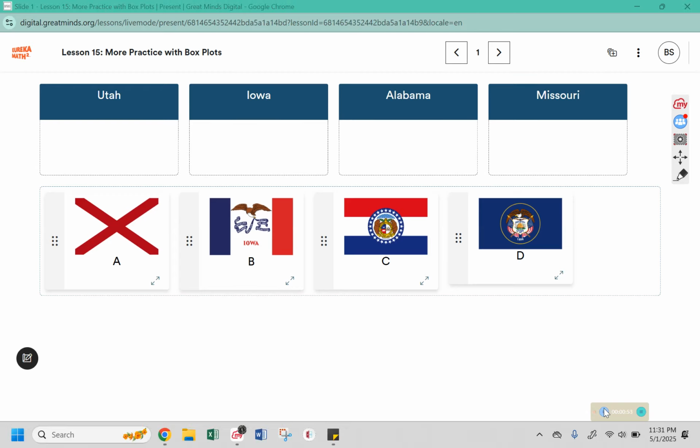Here are the quiz results from another class. Which of the 4 sections of the box plot, if any, has the most data values? Well, each section has the same amount of data values, or the same amount of data points, because they are broken up into quartiles.